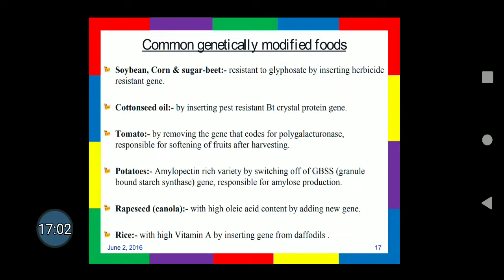Then potatoes, amylopectin rich varieties, by switching off the granule bound starch synthase, which is responsible for amylose production. Rapeseed or canola with high oleic acid content by adding a new gene. And rice, which has high vitamin A, inserted from daffodils.